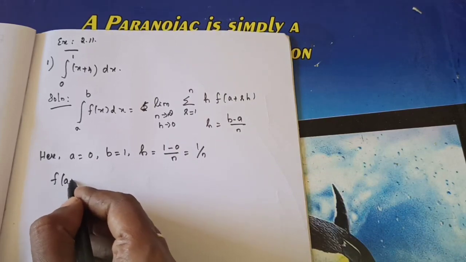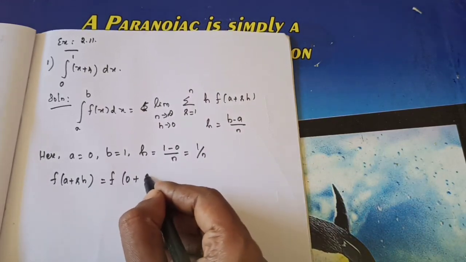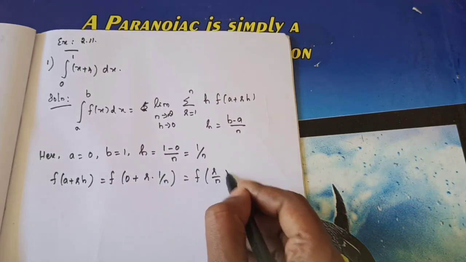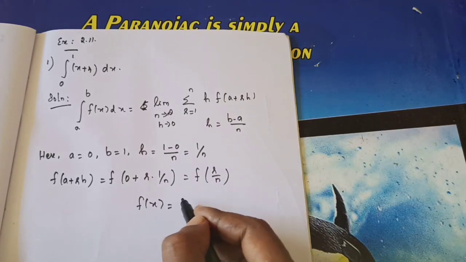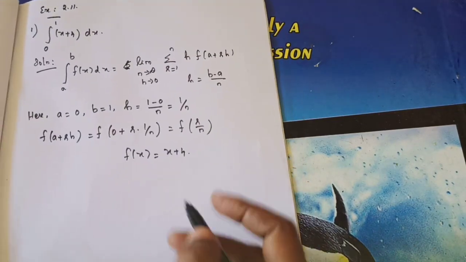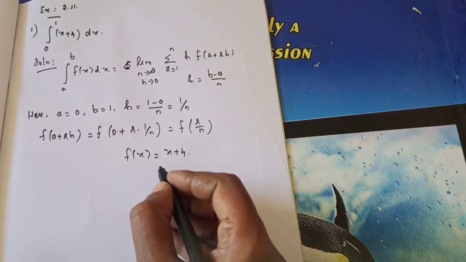Afterwards f of a plus rh. So f of, what's the a value? 0 plus r into 1 by n. So what's the value? f of r by n. So what's f of x here? f of x equal to x plus 4. So in the place of x you need to substitute r by n, is it right? So what's the value we'll get here? x plus 4, is it right?